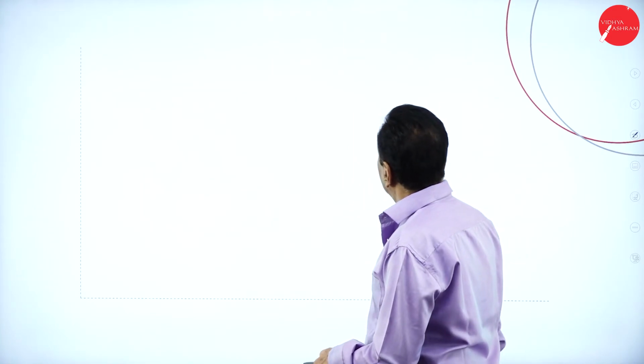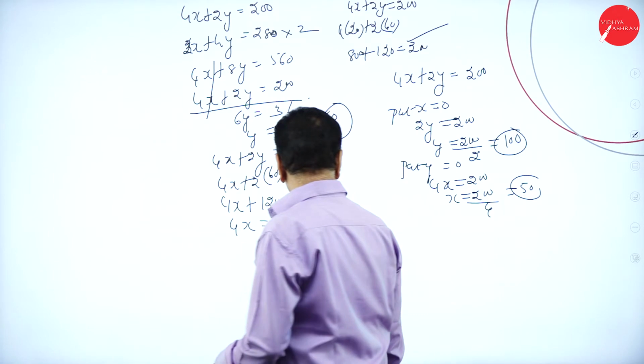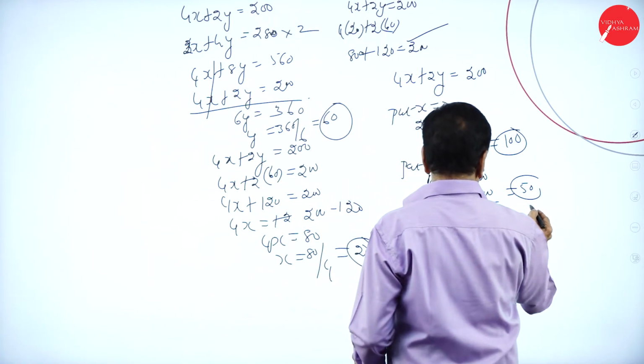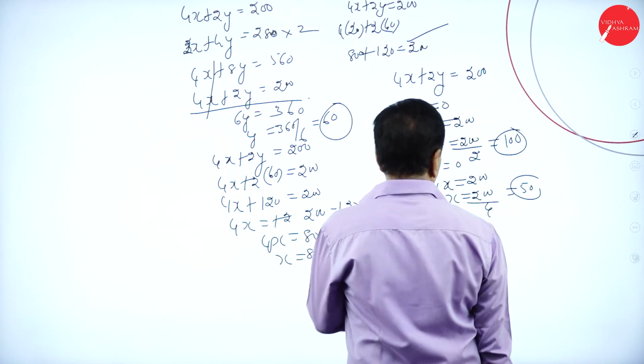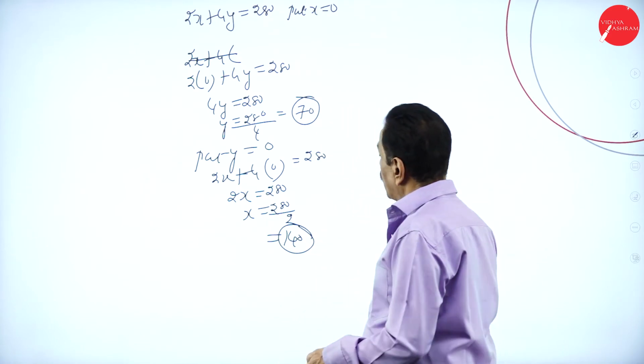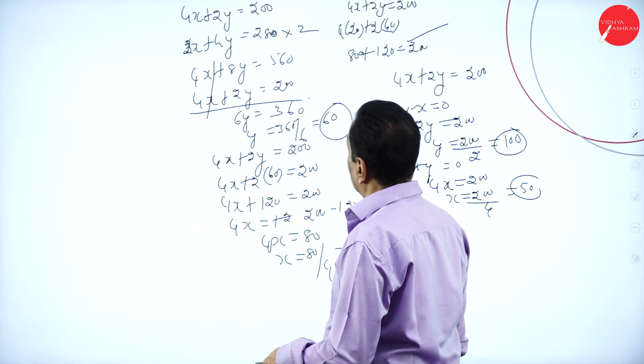Then here x value is 50, 100. So maximum y is 100. Here was 140. So 100, 140.